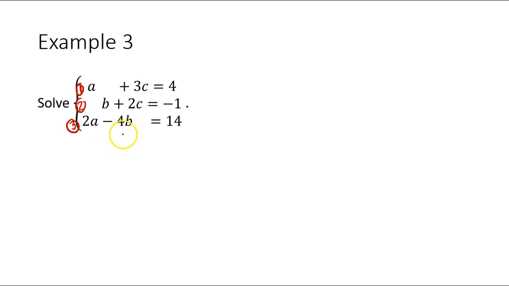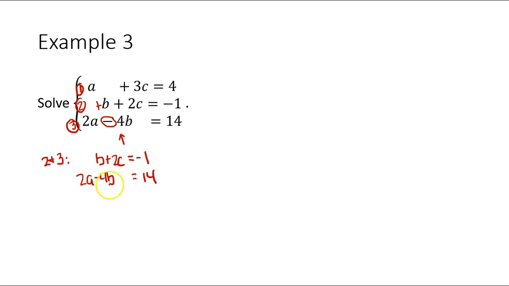All right, I think I would like to eliminate the b's because I noticed that the b here has a sign that's opposite from this one up here. So let's consider equations 2 and 3, where I have b plus 2c equal to -1 and 2a minus 4b equal to 14.